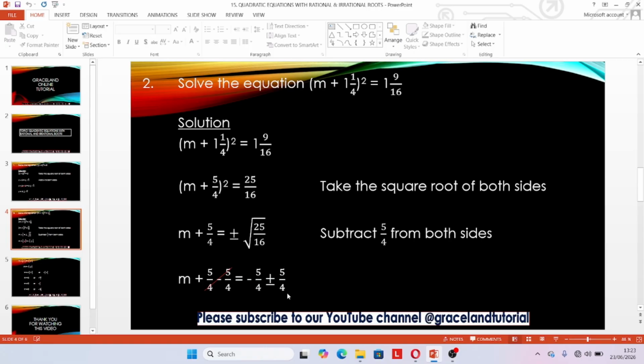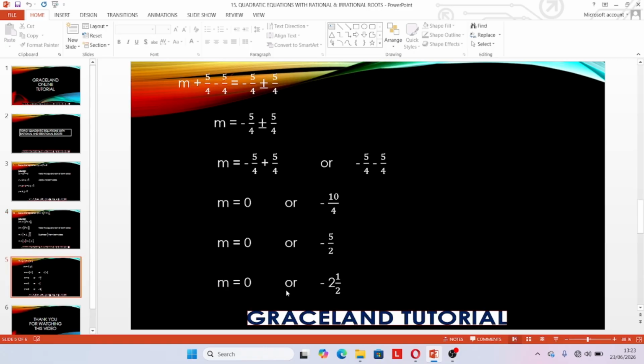So we have 5/4 there. From what we have here, m is equal to 5/4 − 5/4, which is 0, and that is why I didn't write it here.